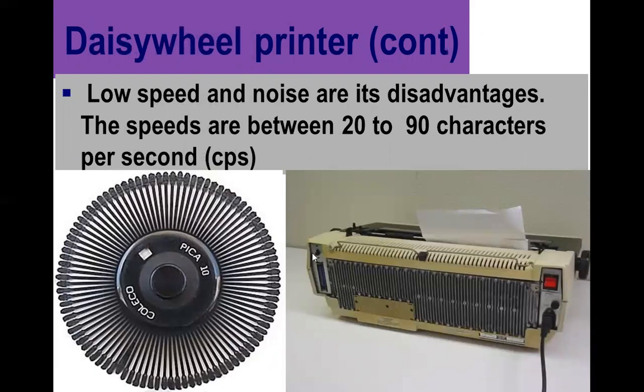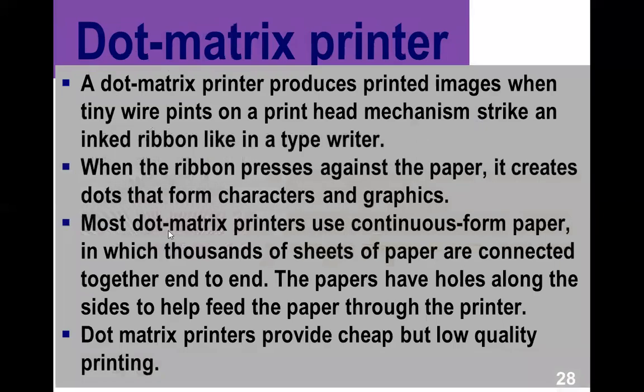So this is the daisy wheel. Its disadvantages are low speed and noise. Their speed is between 20 to 90 characters per second, depending on your typing speed, compared to other printers, as we shall see.